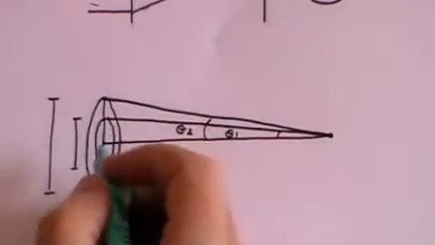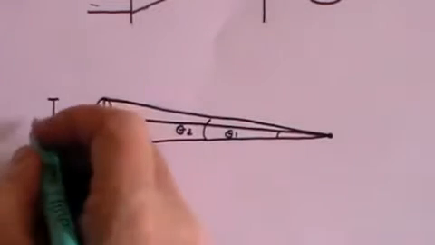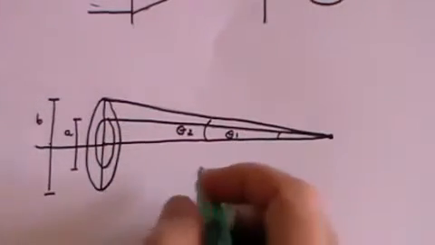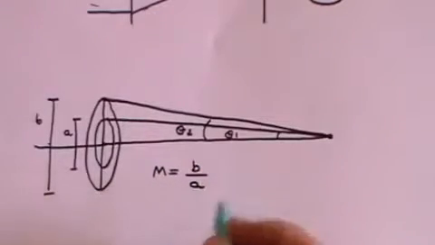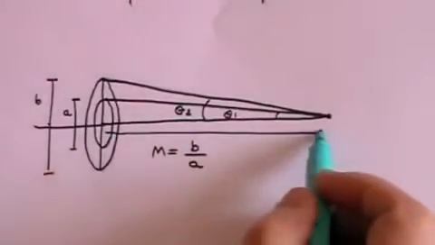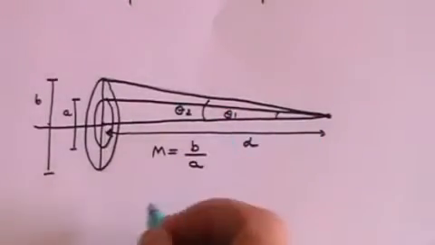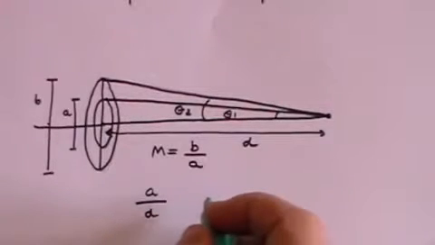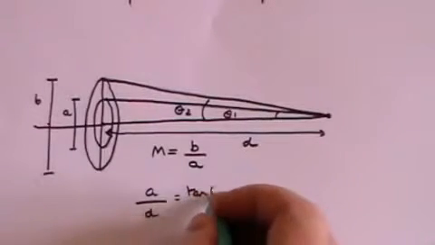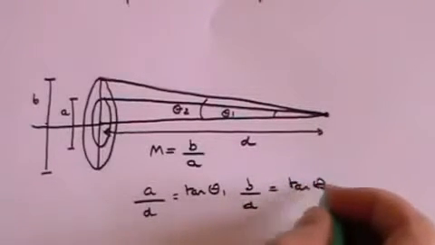Now, if we divide those two by half, or divide them into two, and we'll call that distance B, and we'll call this distance A, then magnification, I think you'll agree, is B over A. But what we can say is that if this distance here is, let's call that just distance D, then we can say that the tangent of theta 1 is A over D. Similarly, B over D is the tangent of theta 2.